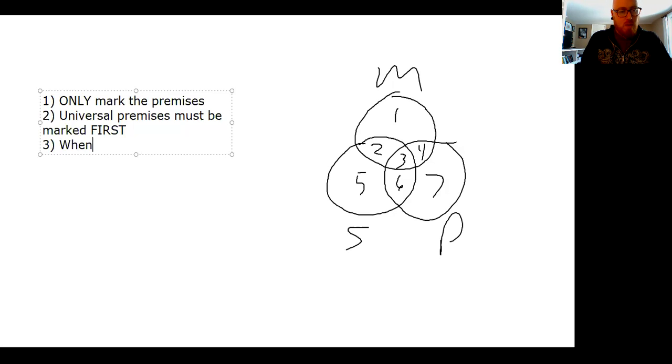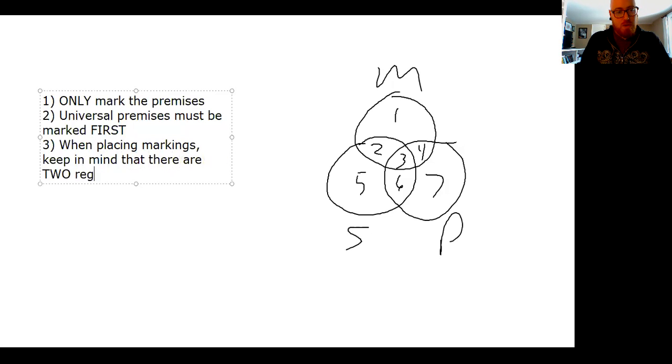All right, placing markings, keep in mind that there are 2 regions in play, okay? So let's take a statement like all of the M's are P's, okay? Well, keep in mind in the diagram that there are 2 different regions in play here.